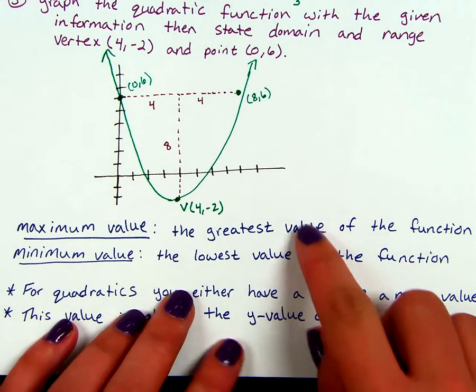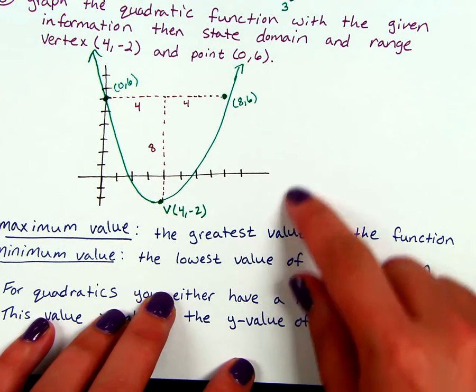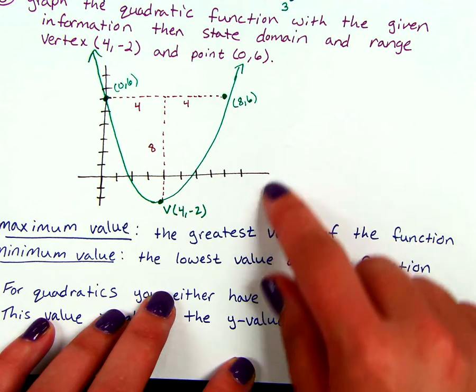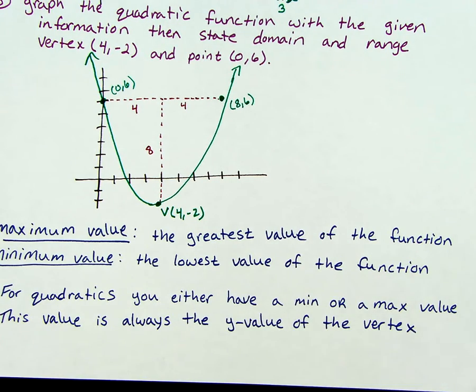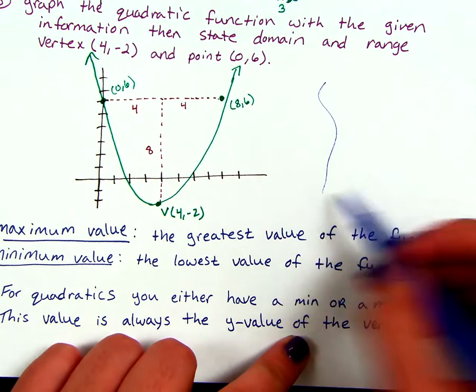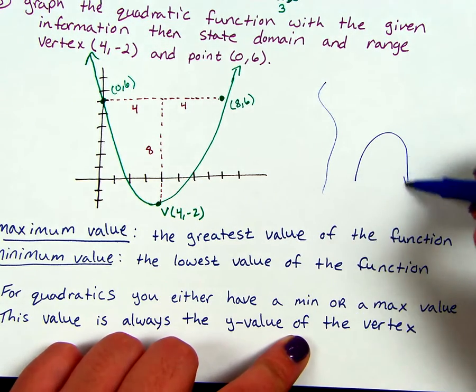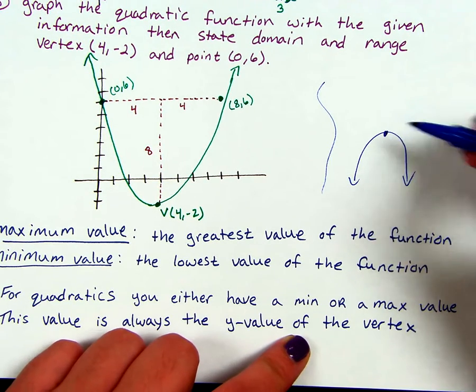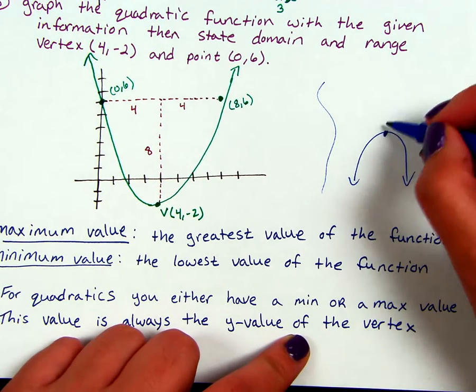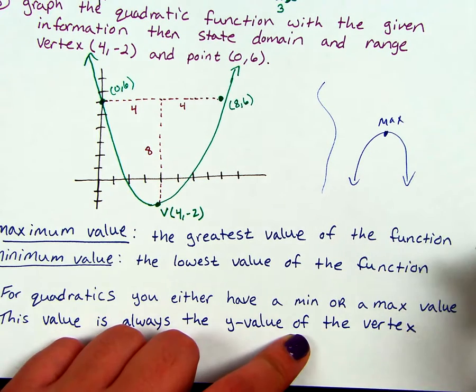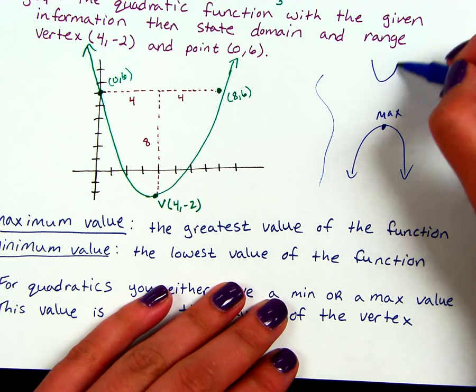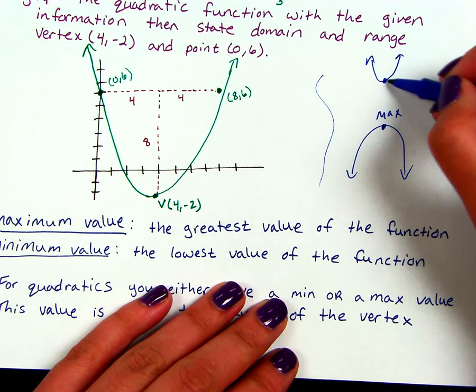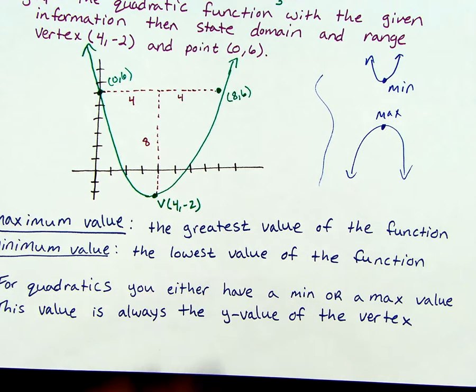If your U shape is opening upside down, I'll draw it here as a separate thing. If we draw it opening in this direction, this point up here is going to be the biggest value, so we would call this a maximum. And again, if it's opening up, where our vertex is sitting, that's a minimum.